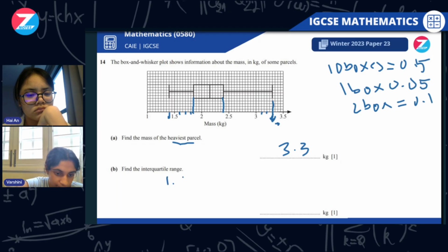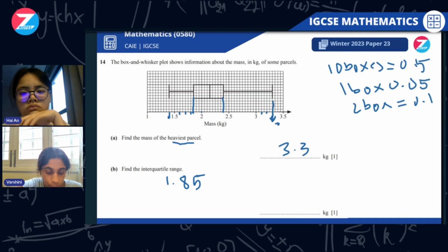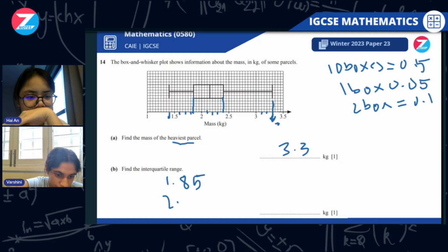So 1.85 is the smallest value in the range. And the last value, let's count upwards from 2. It's going to be 2.1, 2.2, 2.3, and 2.4. Okay, 2.4 is the heaviest in the interquartile range.